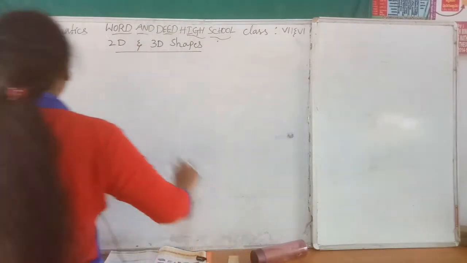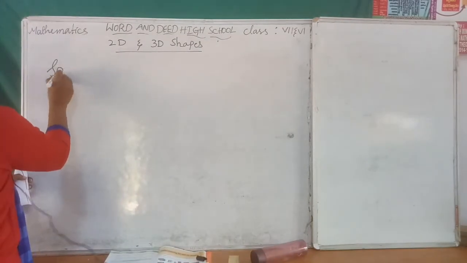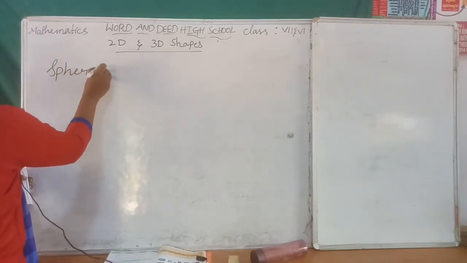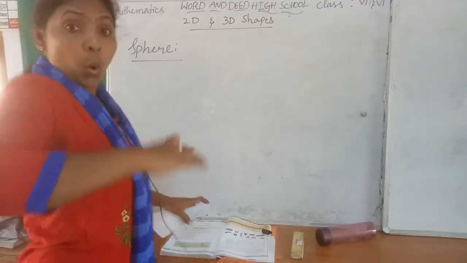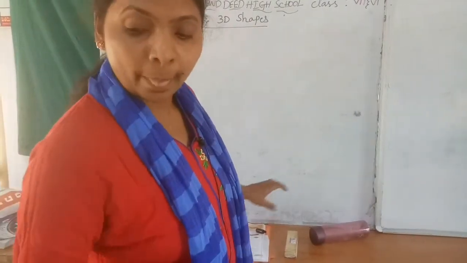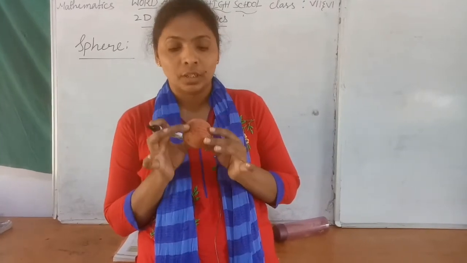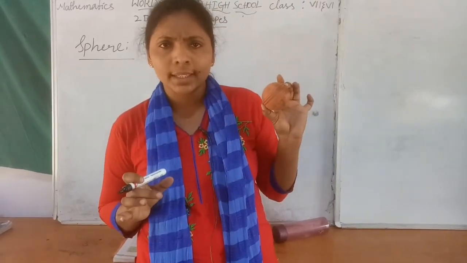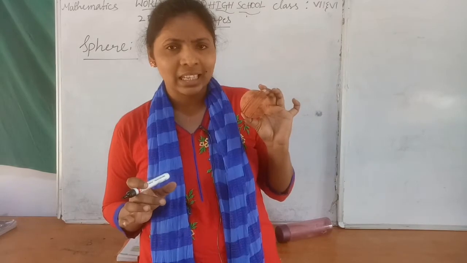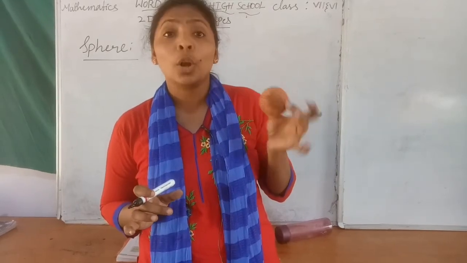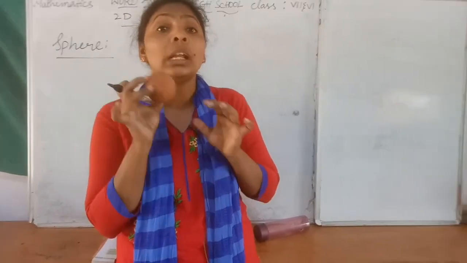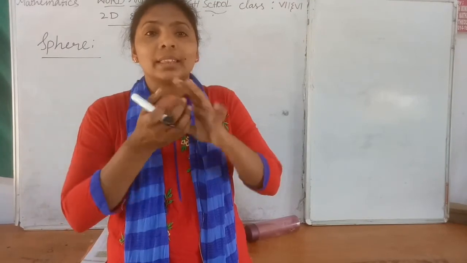Next, sphere. Okay, see. What is this, children? Ball. Is there any edge or any vertex? Any faces, children? No, we don't have anything. We only have a circular path.